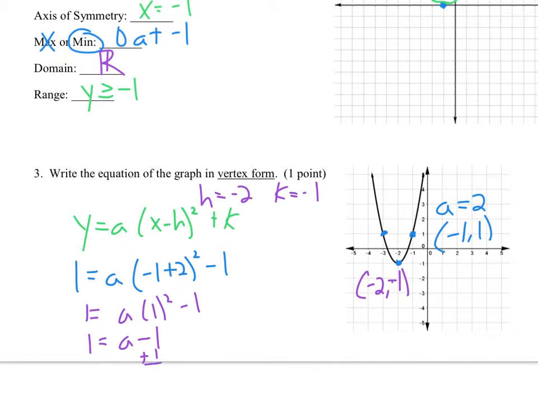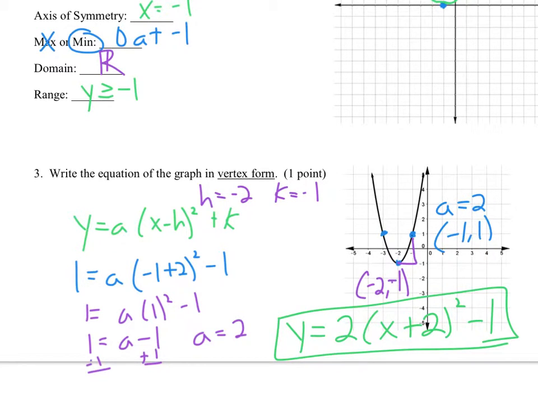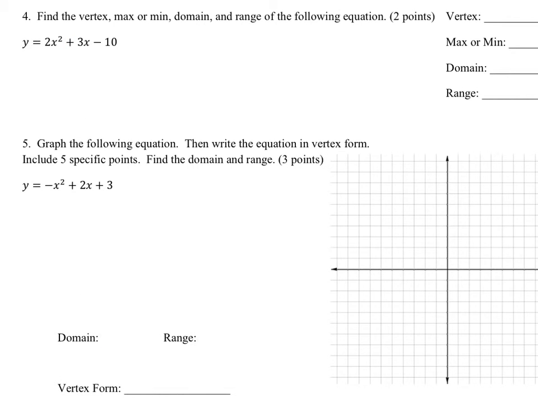Add the 1 to both sides. And we found out that a is 2, like we had, again, figured out earlier just from the out 1, up 2 process. Now to actually write that then, let's see, we would have y equals 2, and then x plus 2 squared minus 1. That's our equation for that parabola in vertex form.